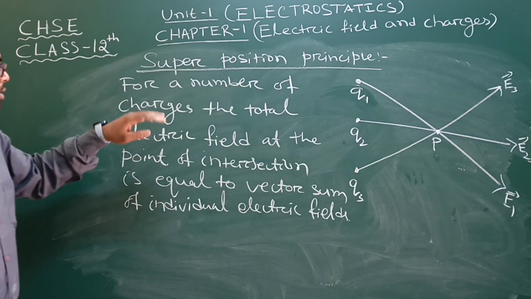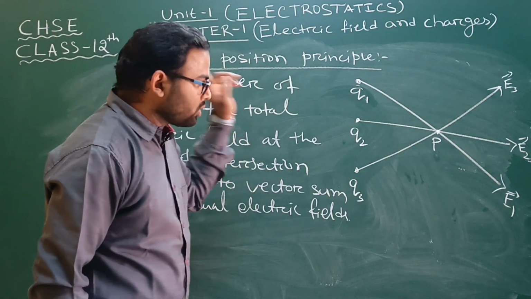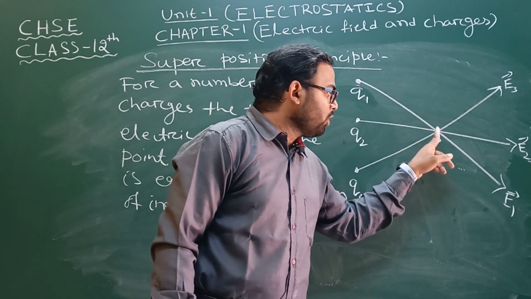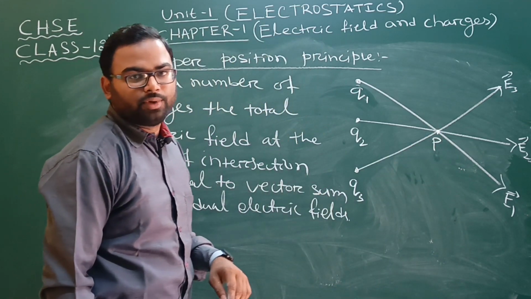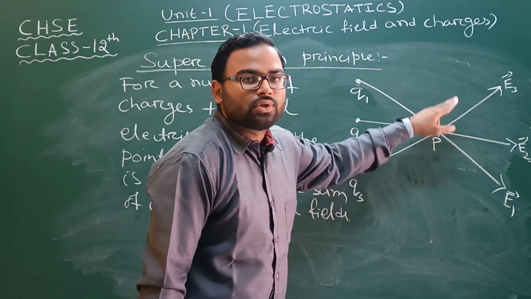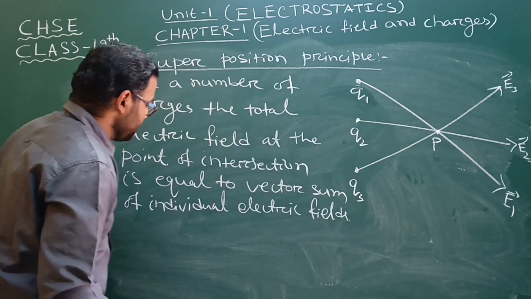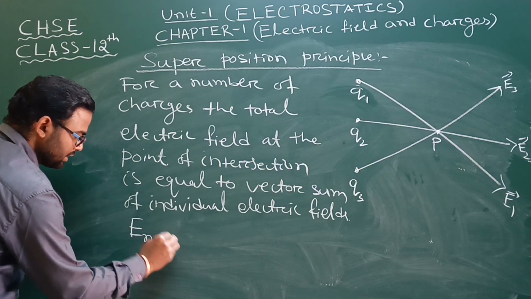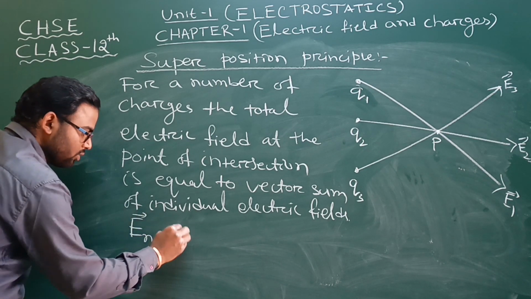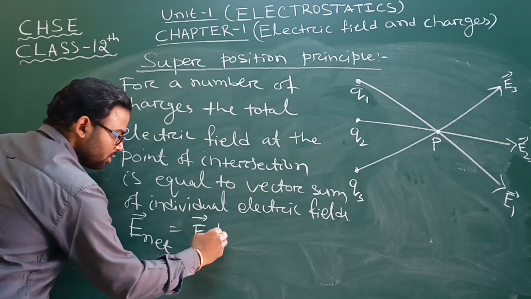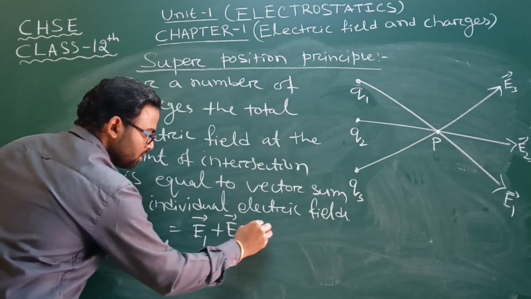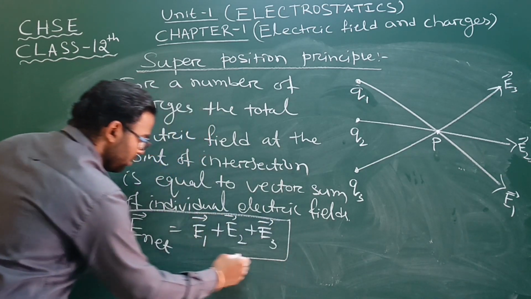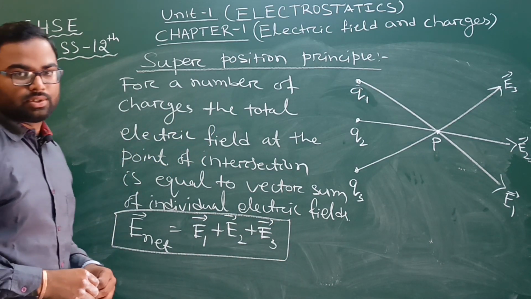Okay, for a number of charges, the total electric field at the point of intersection will be the vector sum of the individual electric fields. So we can write, let us say E net, the net electric field, is equal to E1 vector plus E2 vector plus E3 vector. This will be the formula of the superposition principle.